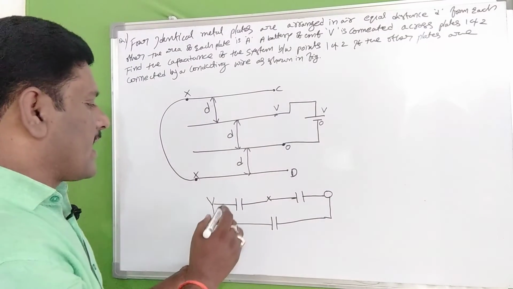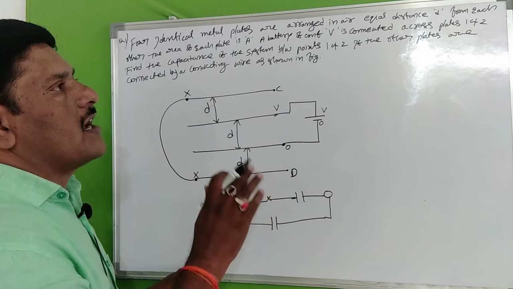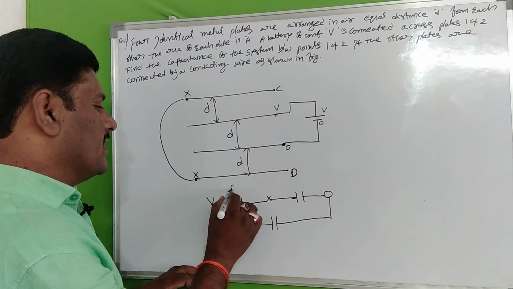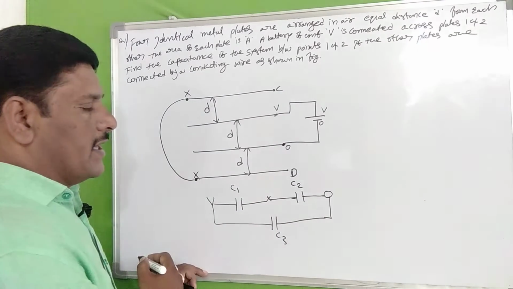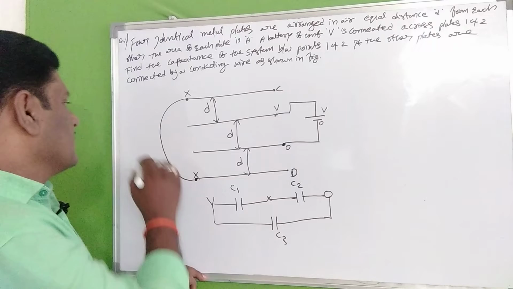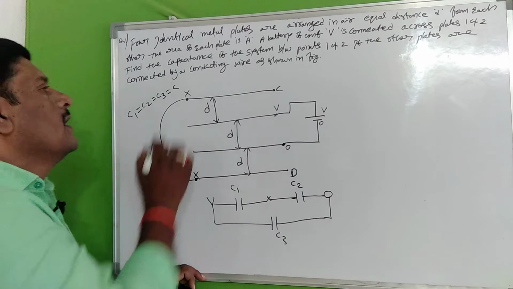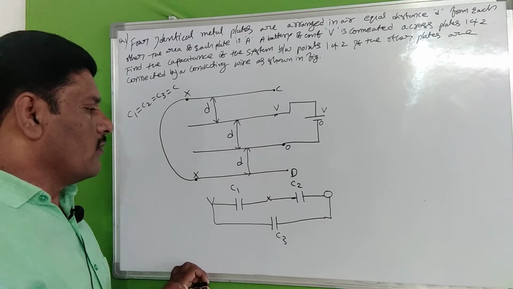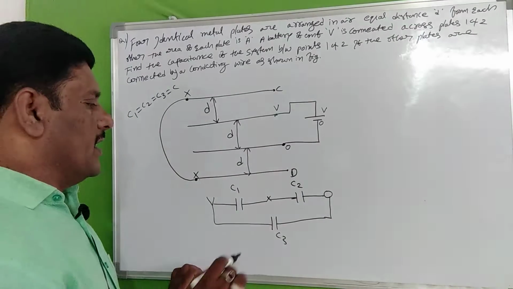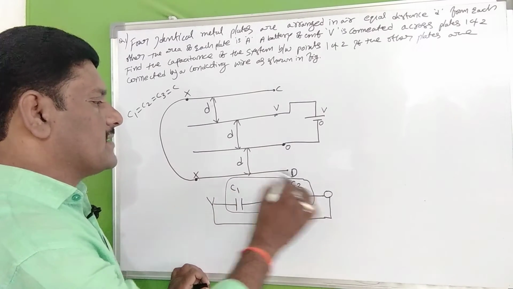According to the statement, all capacitors are equal. This one is C1, this one is C2, and this one is C3. So C1 equals C2 equals C3 equals C. Now C1 and C2 are in series combination.